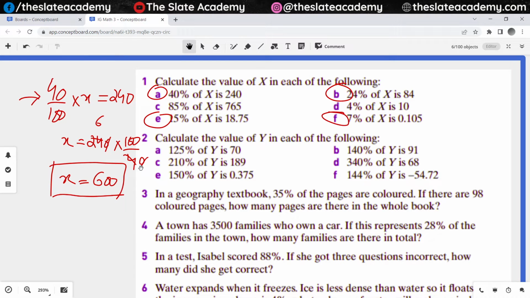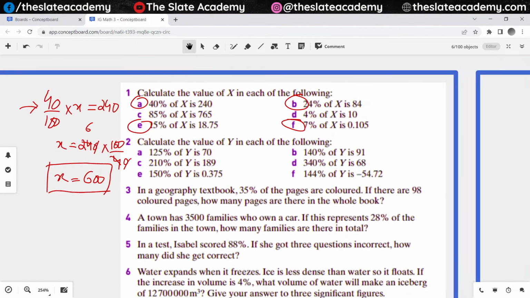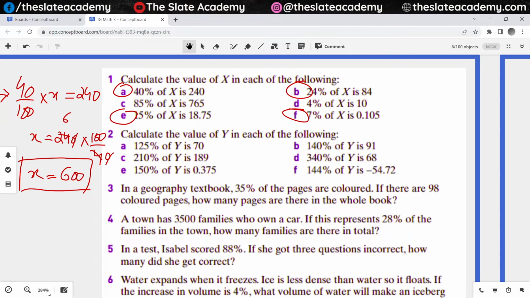85% of a particular number is 765. Instead of 85%, I write 85 by 100 into x is equal to 765, and then x will be equal to 765 into 100 by 85.